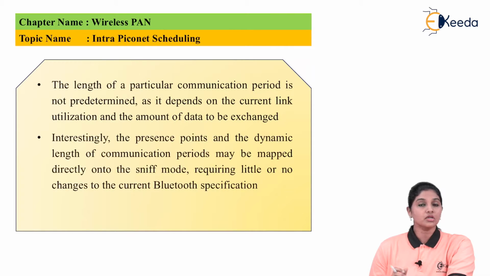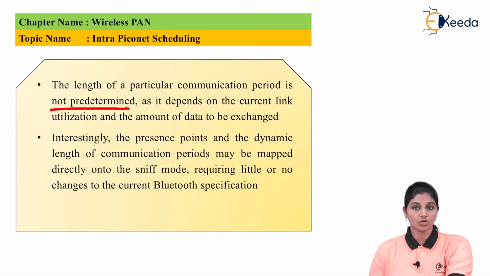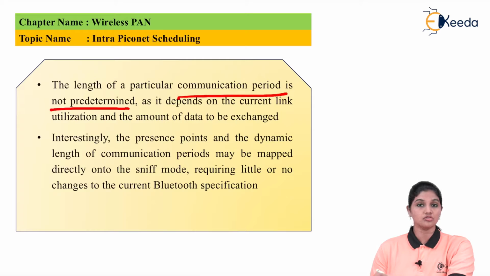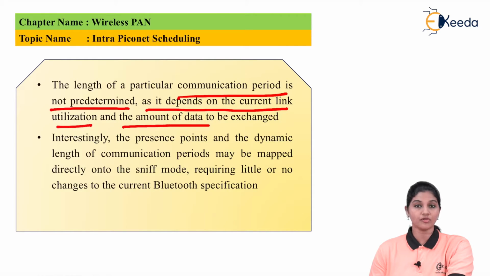Now the length of a particular communication period is not predetermined, as the data may be dynamic in nature. Sometimes long data is required to be sent, sometimes short data. So based on the length of the payload, the communication period is not predetermined. It depends on the current link utilization and the amount of data to be exchanged.